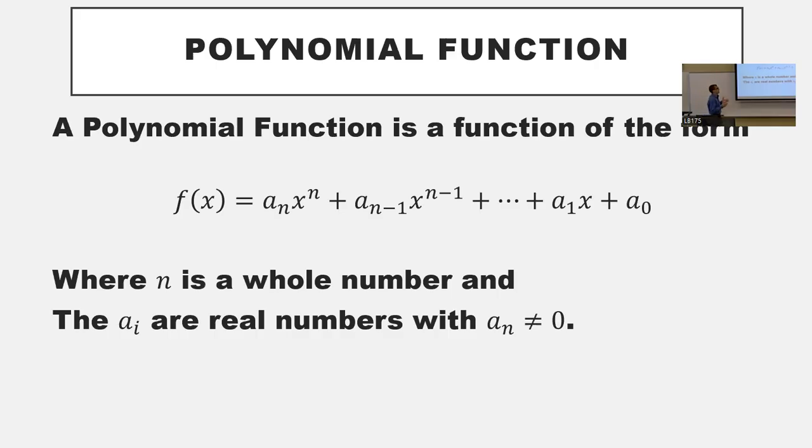We know that polynomial functions are these functions where we have a sub n times x to the n plus a sub n minus 1 times x to the n minus 1, where our exponents on the x's are whole numbers, and the coefficients are going to be real numbers, so that we can say x to the n is the leading term. We'll assume that a sub n is non-zero.